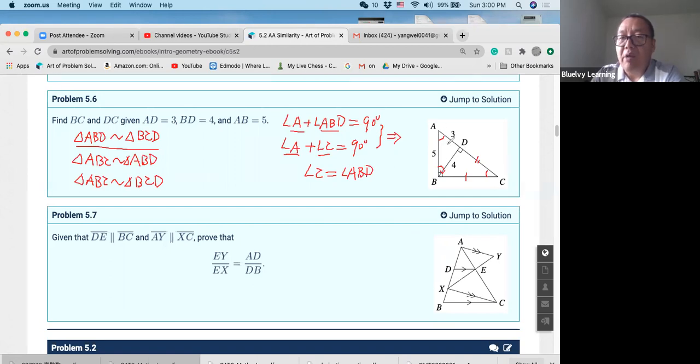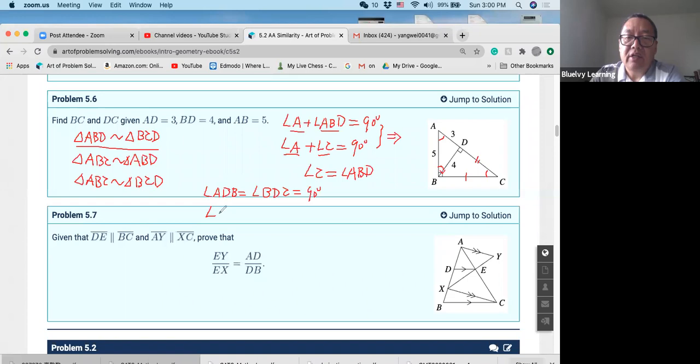Then that means in triangle ABD and triangle BCD, they already have this angle equal to this angle, that's 90 degrees, right? So we can write angle ADB equals angle BDC equals 90 degrees.